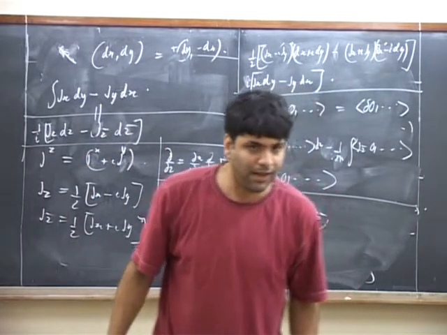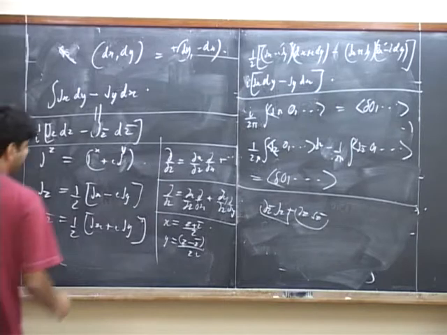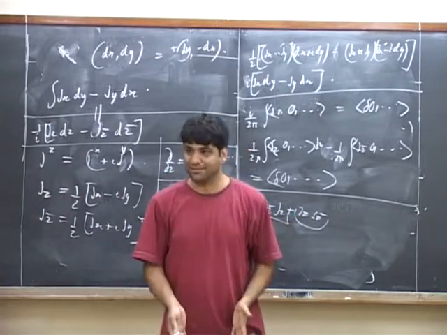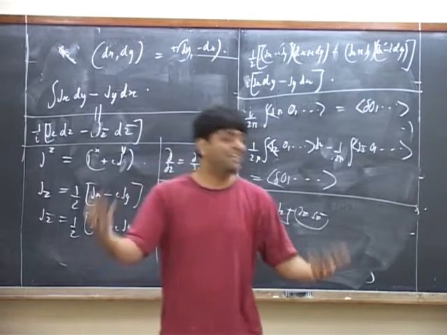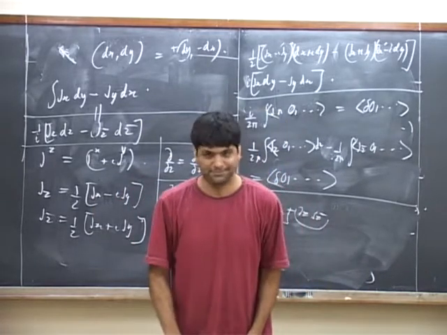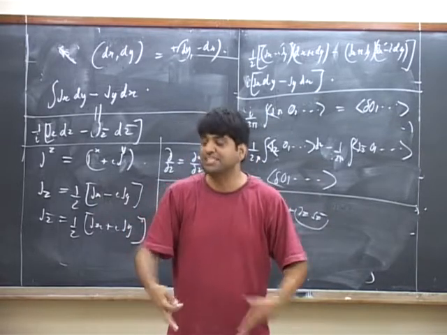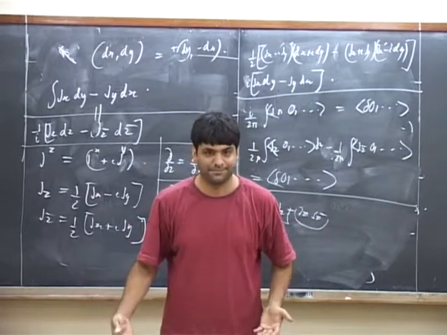Okay, in that case, the function which has a jz insertion is entirely analytic in Z. Okay, and the function that has jz bar insertion is entirely anti-analytic in Z bar.